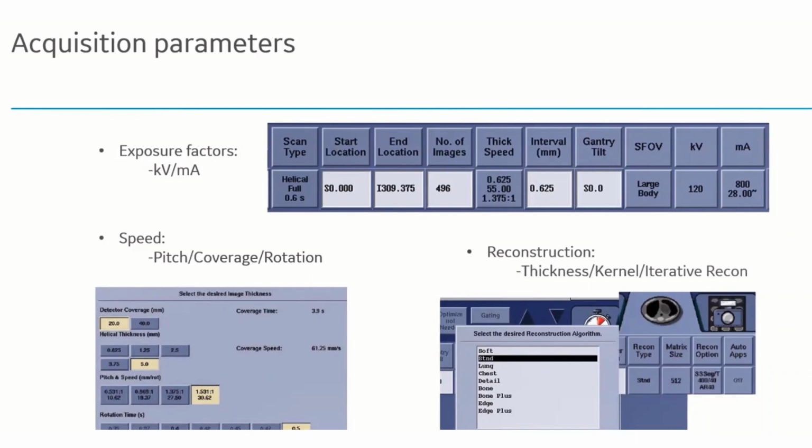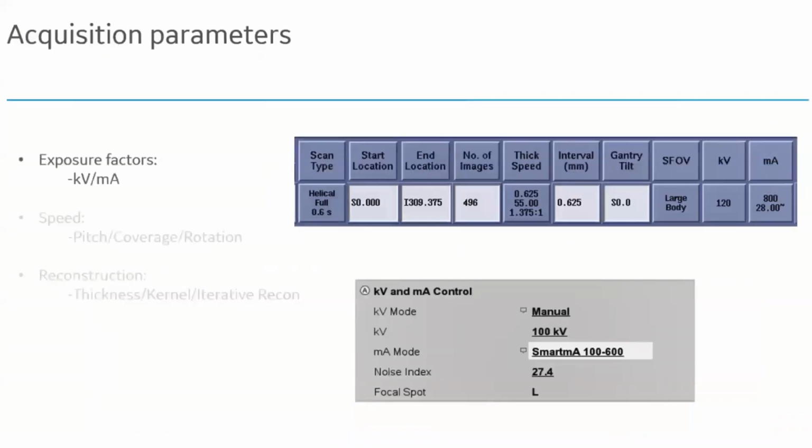So it's important to consider all of them in order to get the best quality scan that we can. Firstly, we're going to discuss our exposure factors. Throughout the presentation, we've included images of the operator's console interface from a 40 millimeter segment, 64 equipment.